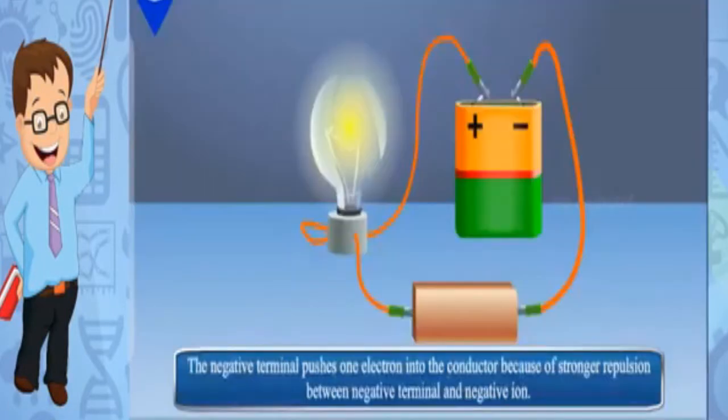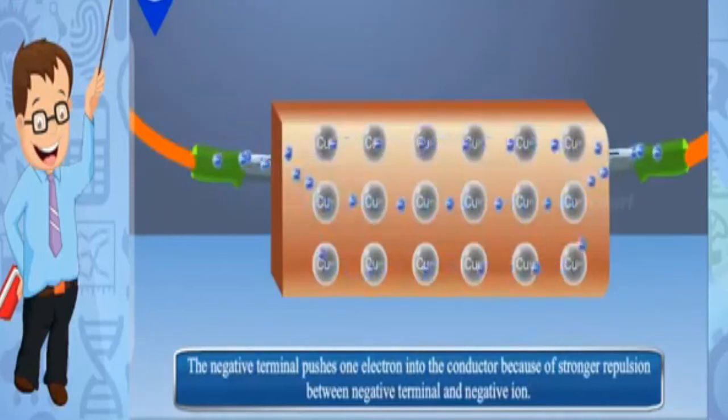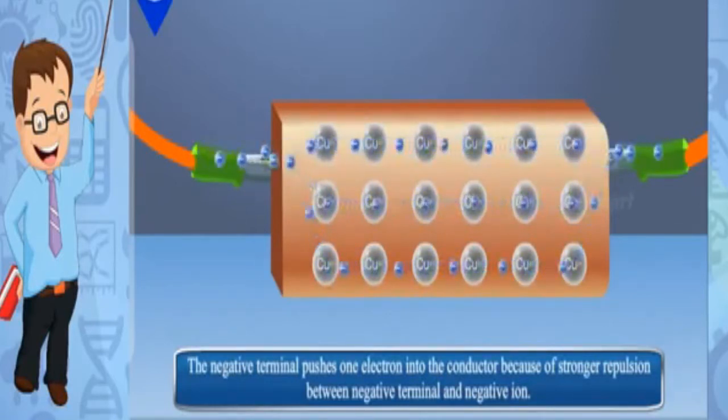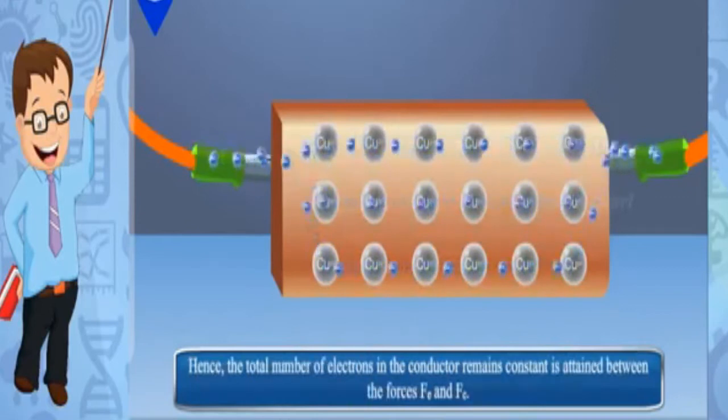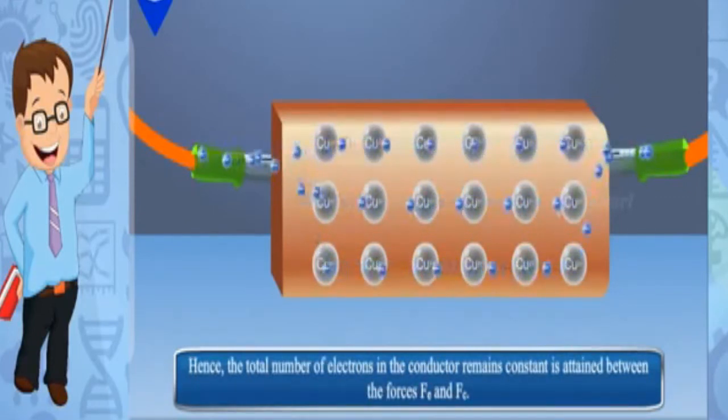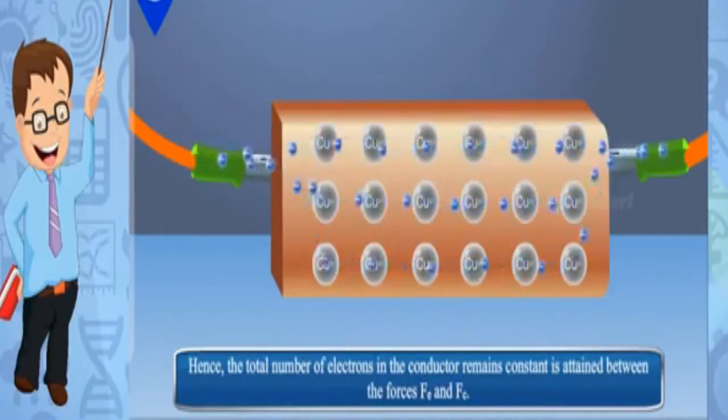The negative terminal pushes one electron into the conductor because of stronger repulsion between the negative terminal and negative ion. Hence, the total number of electrons in the conductor remains constant, and balance is attained between the forces Fe and Fc.